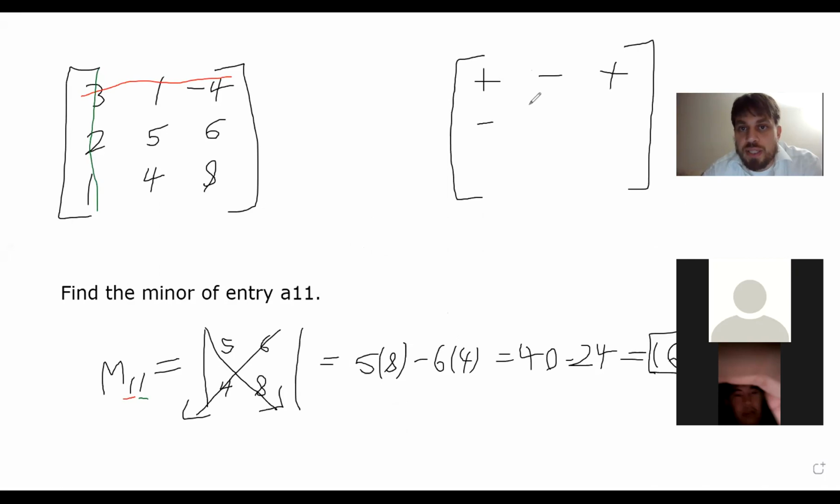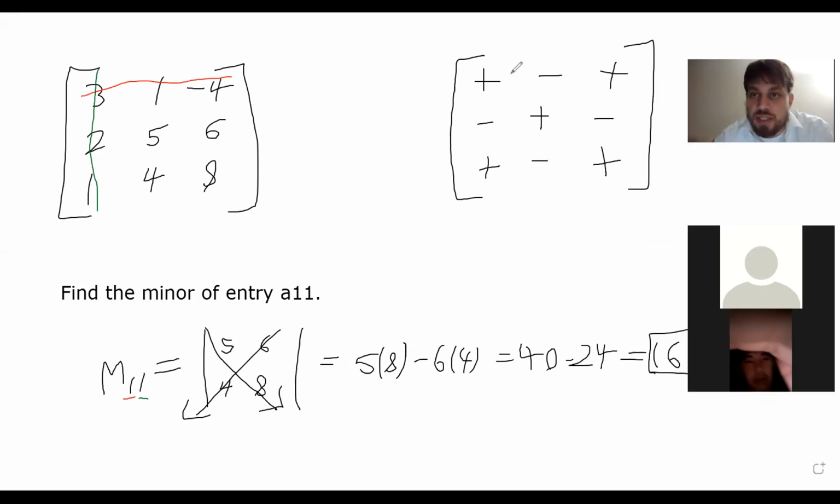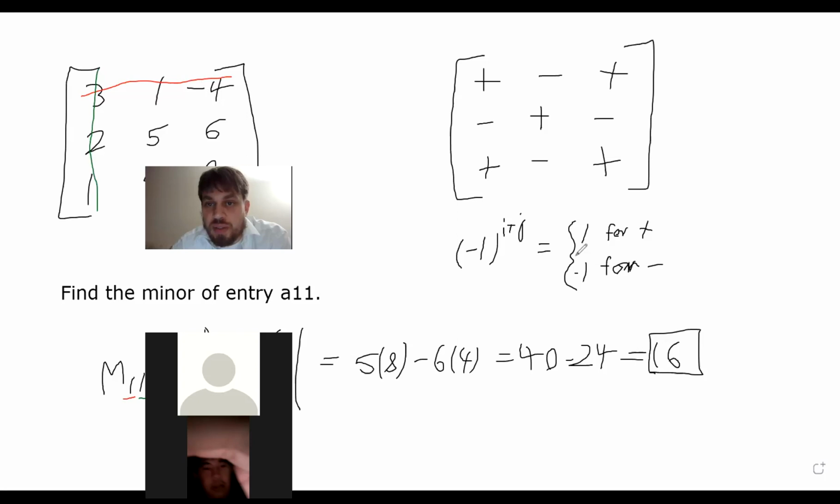You get a checkerboard pattern where the value of negative 1 raised to the sum of the indices, i plus j, is equal to 1 for all the entries with a plus, and equal to negative 1 for all the entries with a minus sign.